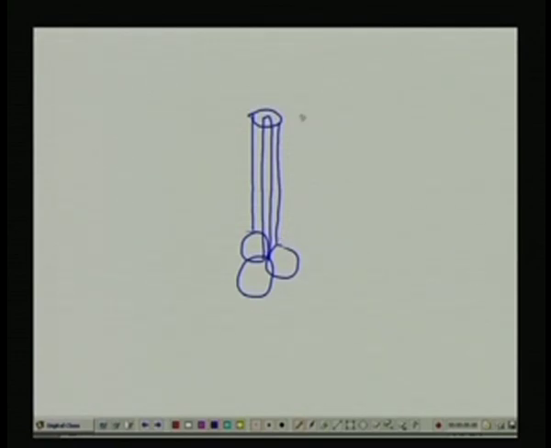Usually what they do, on the upstream side, sometimes they make a float like this, put on a transparent glass cylinder. These are actually spheres, which act as a float.